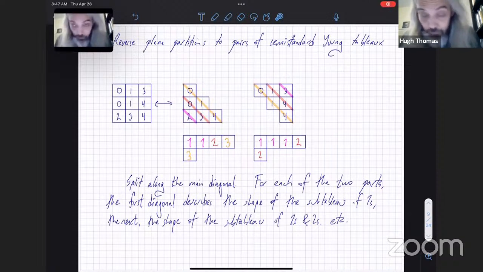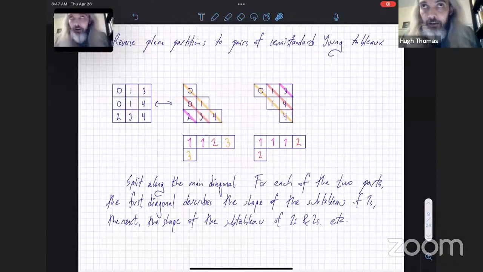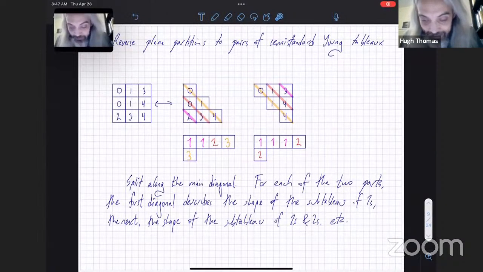And without using a fancy term, that is exactly what you need to make sure that these partitions are contained one in the next. And in exactly the right way, so that if we view the first partition as telling us where the ones go, and the second partition as telling us where the twos and ones go, and the third partition as telling us where the threes, twos, and ones go, then the result will be a semistandard Young tableau.